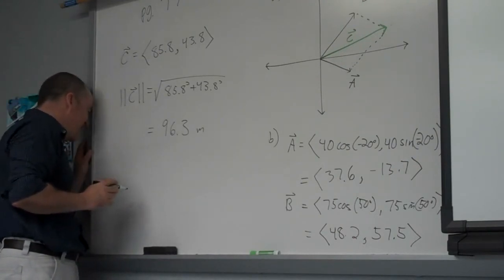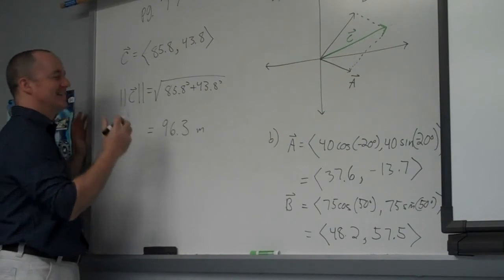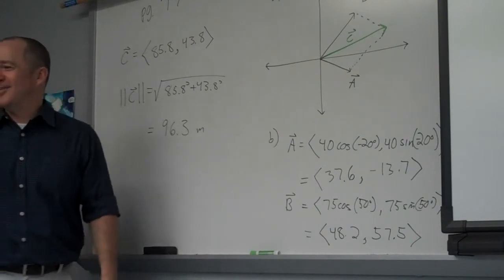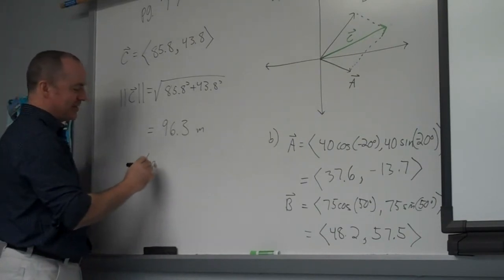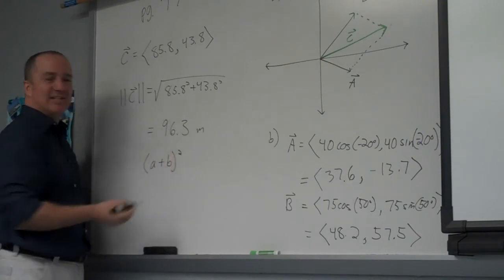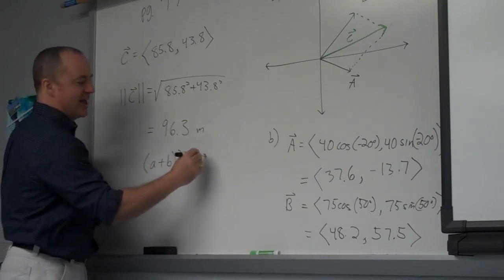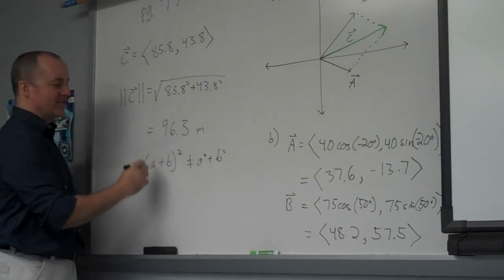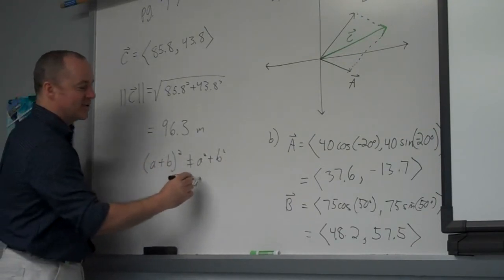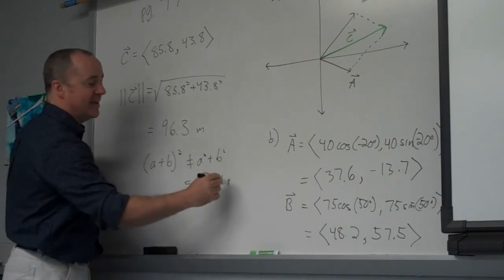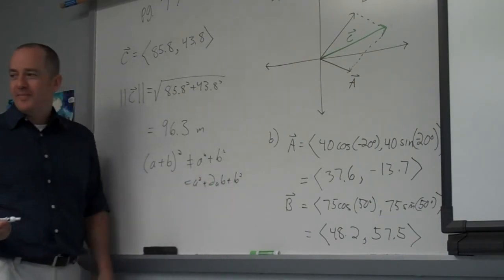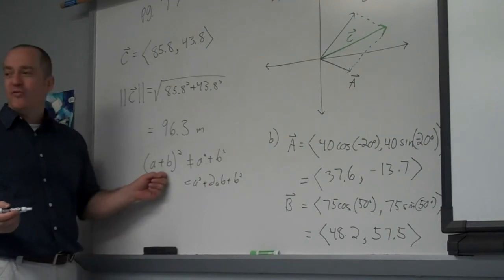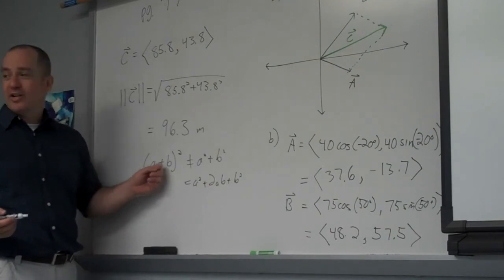Nick and Sasha, does A plus B squared equal A squared plus B squared? Yes. No, it's foiling. It equals A squared plus 2AB plus B squared. This is telling you to foil. Okay? First, outer, inner, last, all that stuff.